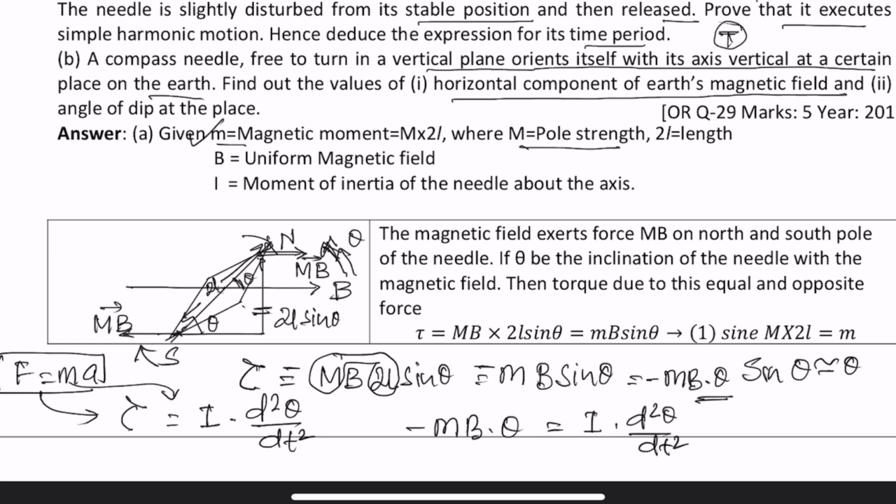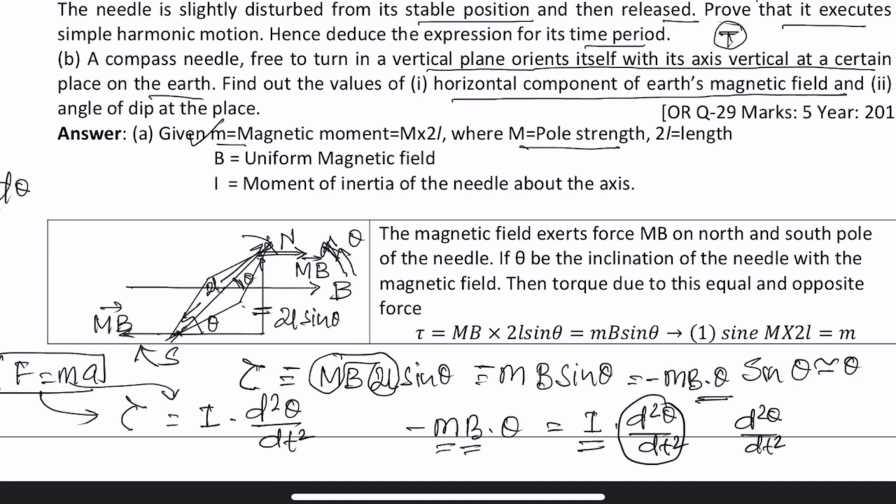Because we are not going to solve this differential equation, you can write simply acceleration, correct? So now here acceleration is proportional to the minus of displacement, because m is the magnetic moment, b is the induction vector of the field, I is the moment of inertia. These three quantities I, b and m are all constant. So d2 theta by dt square means the acceleration. How does acceleration come?